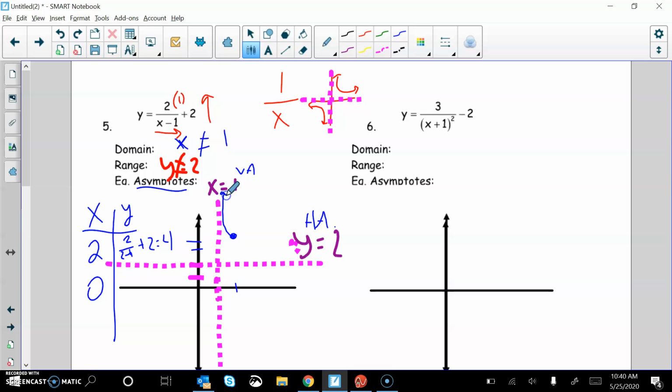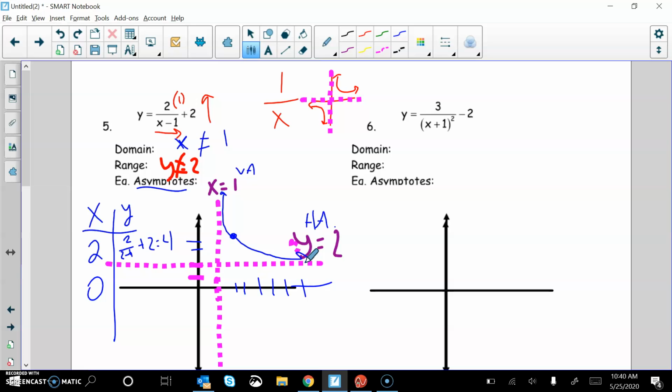So 1.01, 1.001. Plug those in, you get larger and larger y values. Plug in larger and larger x values, and the y value will get closer and closer to 2, approaching it but never hitting it. So you'd get something like 2.1, 2.01, 2.0001, and so on.